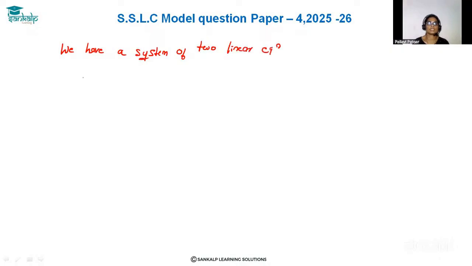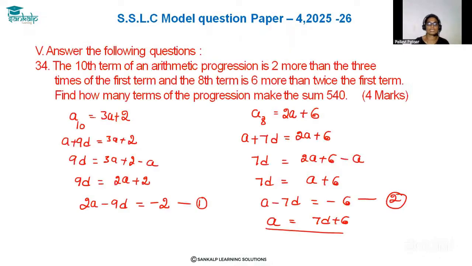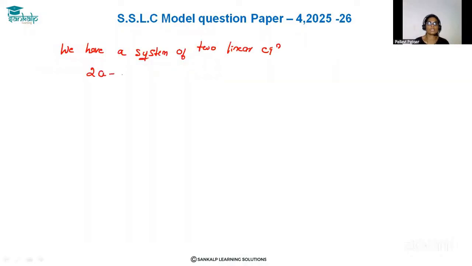So that is 2A minus 9D is equal to minus 2, and A minus 7D is equal to minus 6. Here A is equal to 7D minus 6. Okay, substitute.